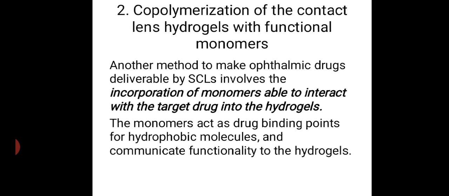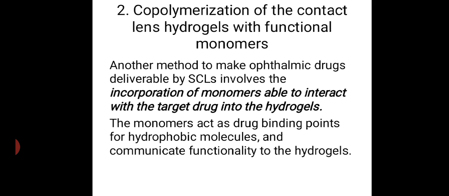As we discussed in the initial session, while preparing contact lenses, they are made up of either hydrophilic or hydrophobic polymers. Polymers are prepared from what? Polymers are prepared by polymerization of monomers. Monomers are individual units, whereas polymers are the cross-linked form of monomers. So monomers are converted by polymerization to form the polymer.